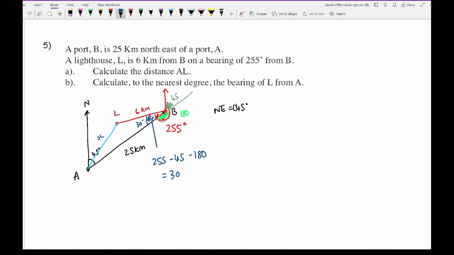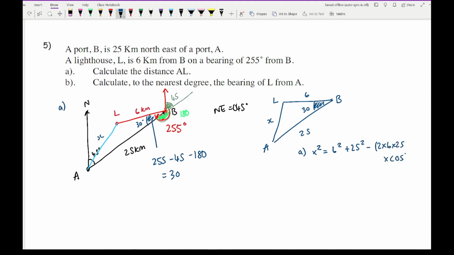So if I take that triangle out of context, let me start by trying to draw it slightly accurately, and then label the points. That's A, that's L, that's B. This angle here is 30. This is the distance I'm trying to find. This distance here is 6, and this is 25. So looking at part A, we've got x squared equals 6 squared plus 25 squared minus 2 times 6 times 25 times cos 30.